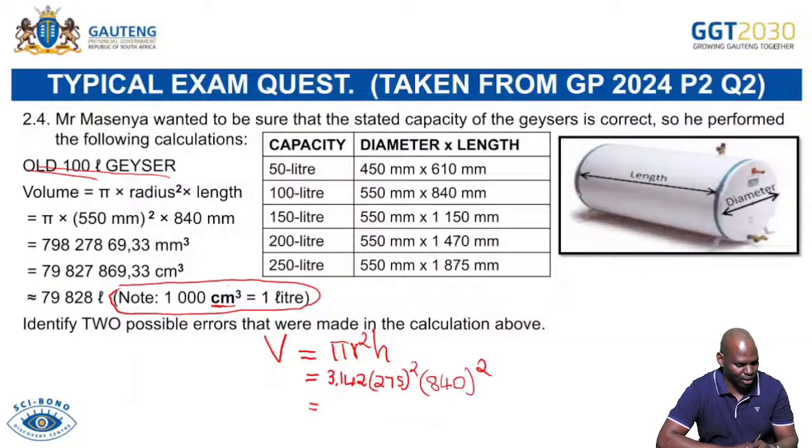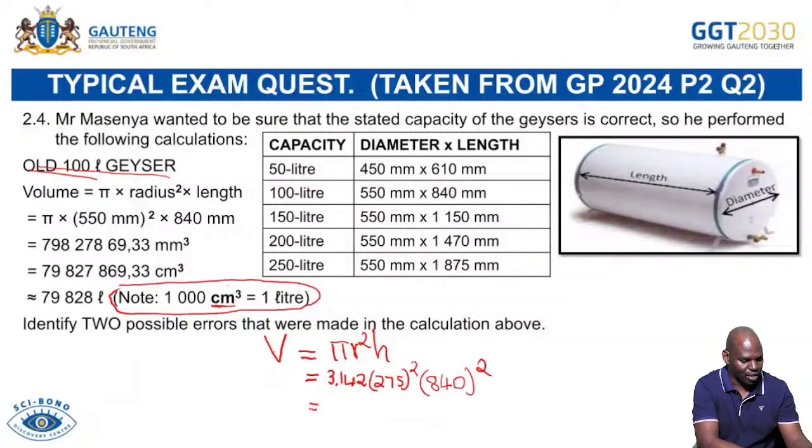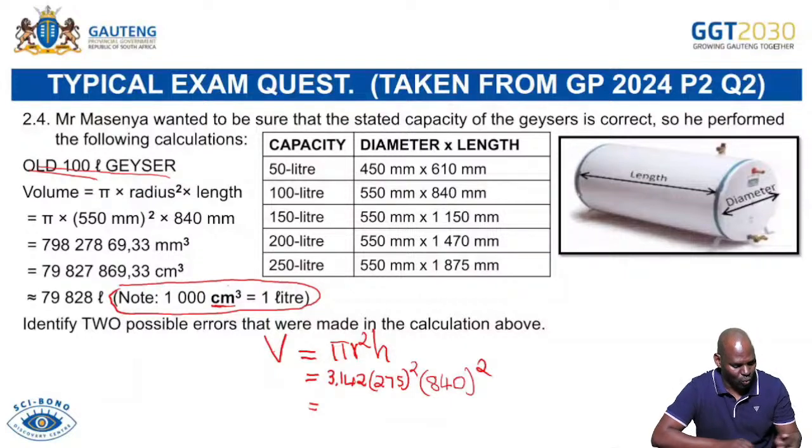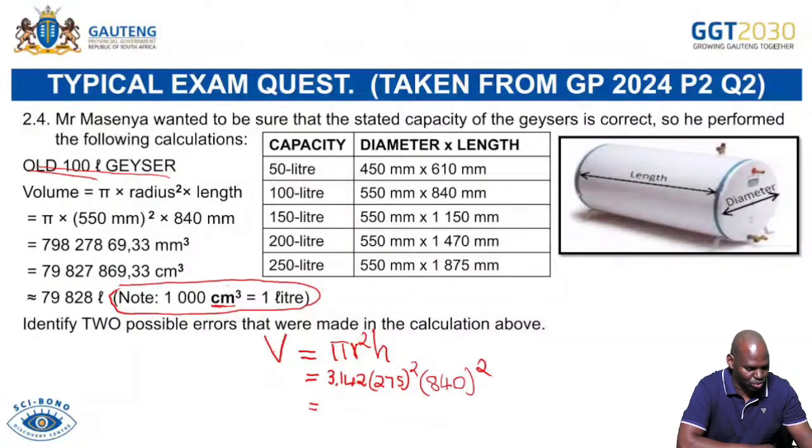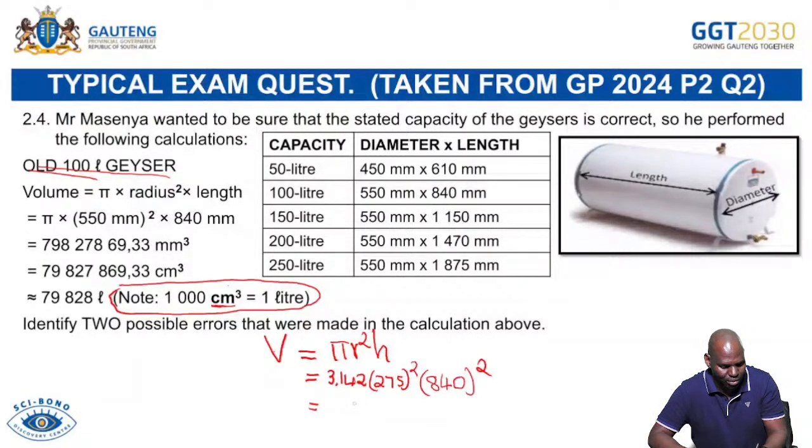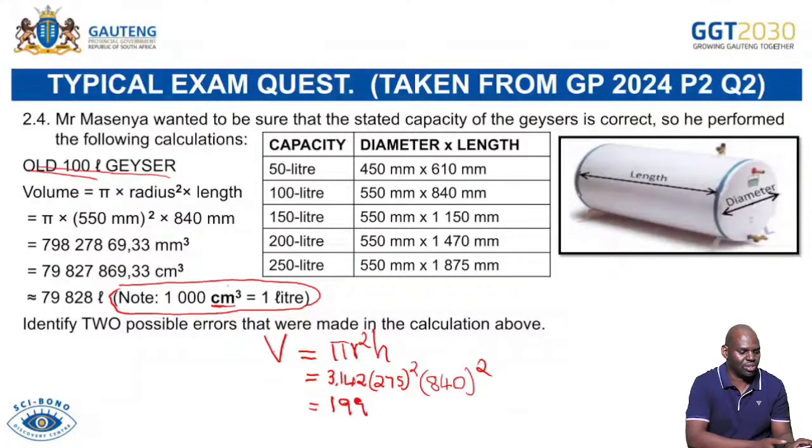Then the answer that I'm getting is 199,000. Let me see if I did everything correctly.